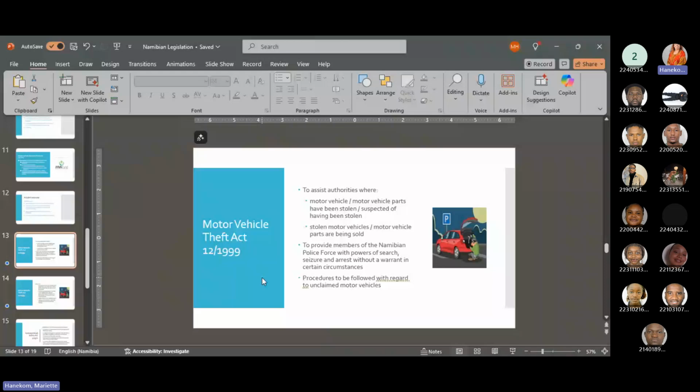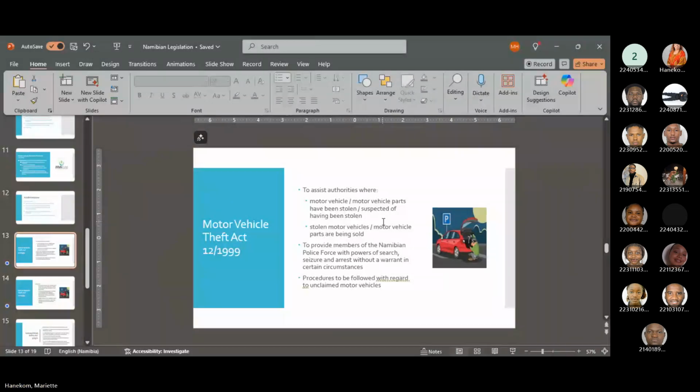So rather than having them get away scot-free, the Motor Vehicle Theft Act has created a number of additional, related crimes, to assist authority in instances where motor vehicles or motor vehicle parts have been stolen or suspected of being stolen, or where stolen motor vehicles or motor vehicle parts are being sold.